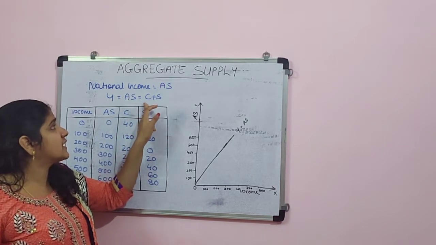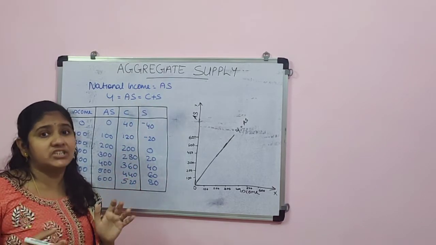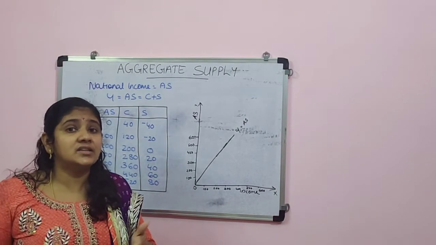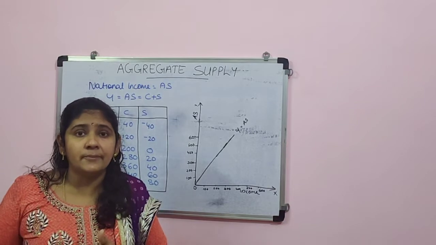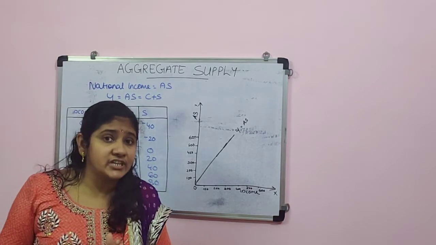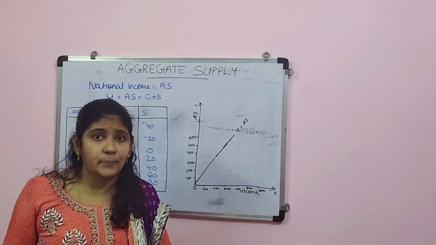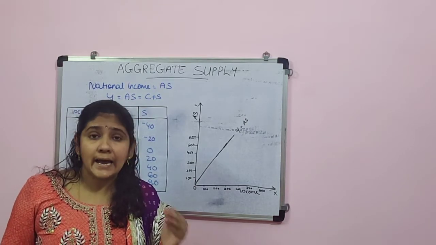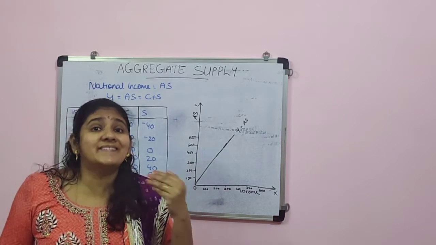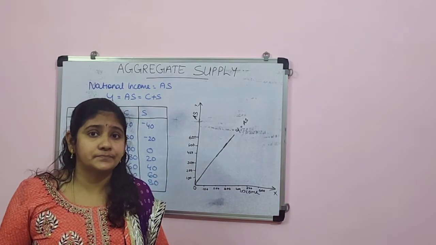Then when this aggregate supply, otherwise income generation, is taking place, we are using this income for two purposes in a common way. A part of the income we will be spending on consumption, and another part of the income we will be saving for our future.